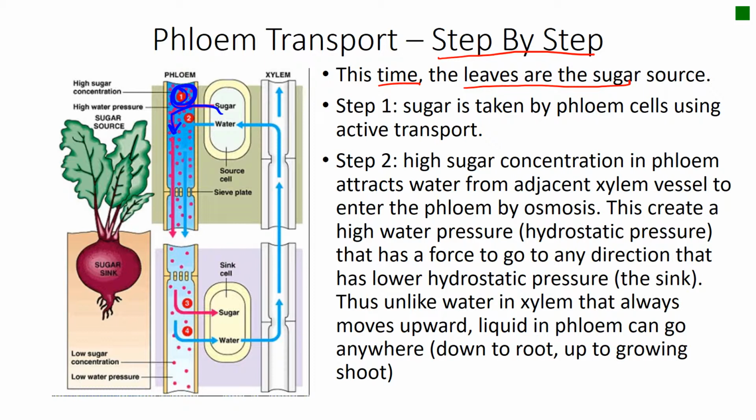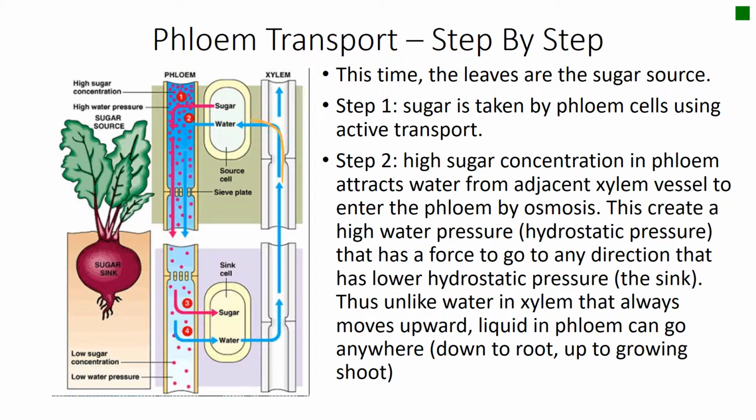Next, step 2. This one is step 2. High sugar concentration in the phloem attracts water from the adjacent xylem vessel to enter the phloem by osmosis.